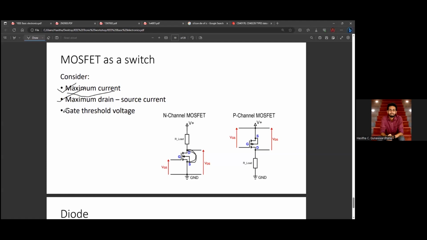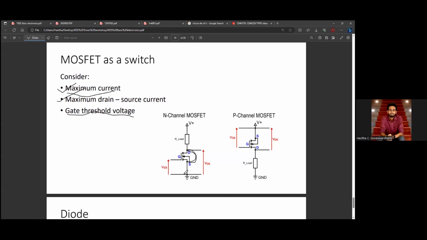Then the gate threshold voltage. To turn a MOSFET fully on, you have to supply a certain amount of voltage. That value is given as the gate threshold voltage.